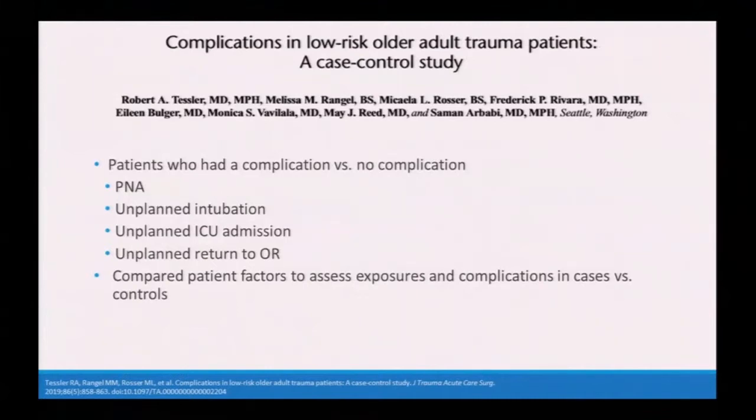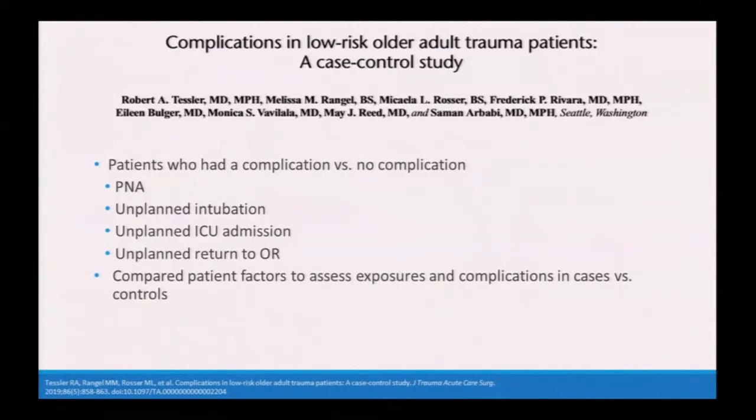The next study I'd like to talk about was a case control study that looked at patients who were admitted to a trauma service. They were over 65 years old, and they were specifically patients who were identified to have a low risk of complication based on TQIP. And so patients who had a complication were cases, and patients who had no complication were controls.